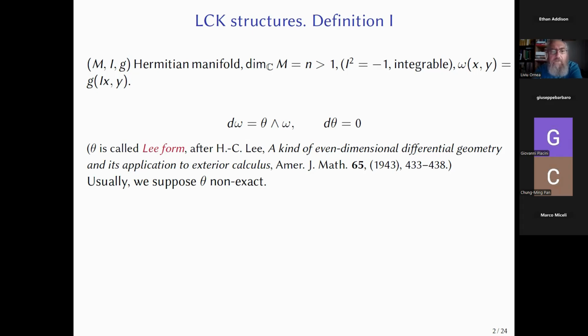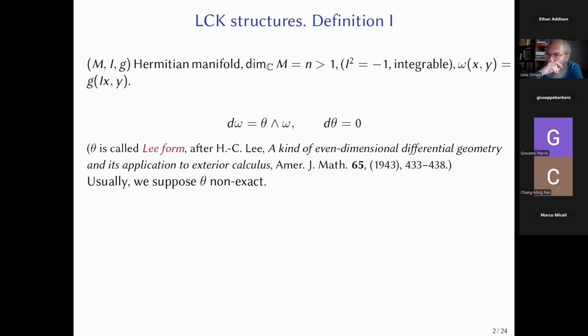This is the tensorial definition. It is just an integrability condition for the two form, which is no longer closed. But it depends on a Lee form, the so-called Lee form, because it appeared first in the paper of Lee in 1943.